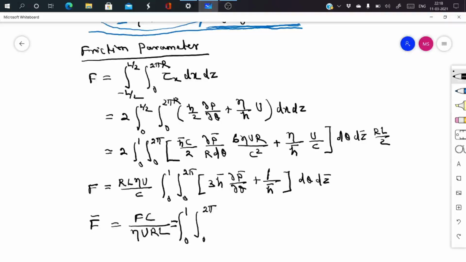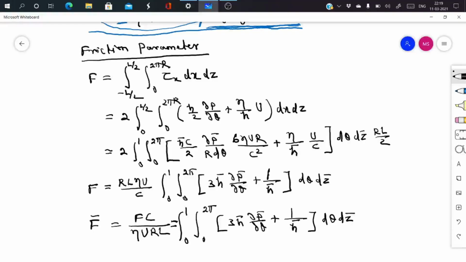This is equal to 0 to 2 pi, 3 h bar del p bar upon del theta plus 1 by h bar, d theta dz bar. Okay, so this is the non-dimensional friction force.